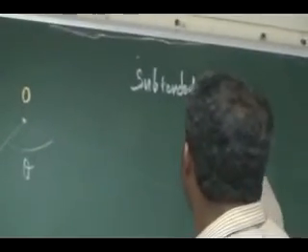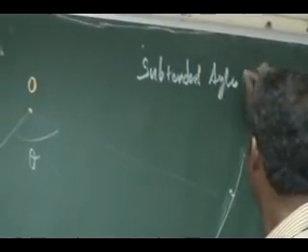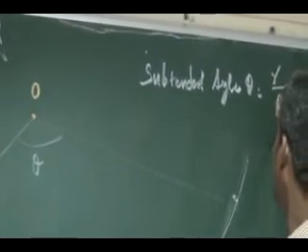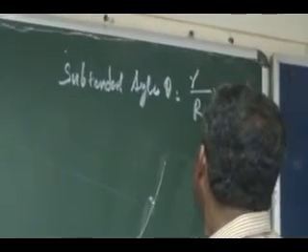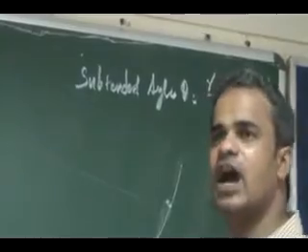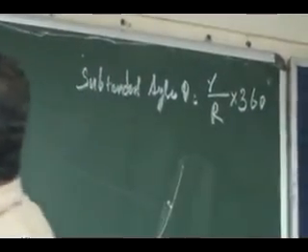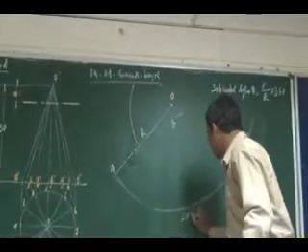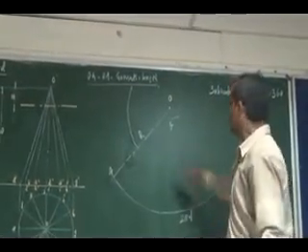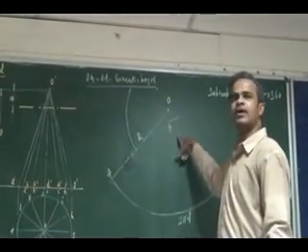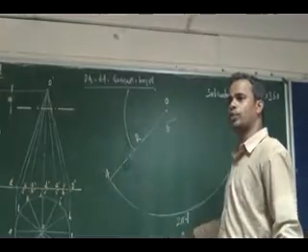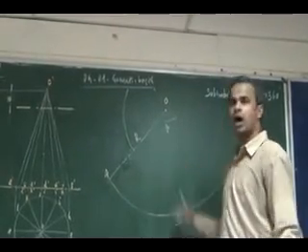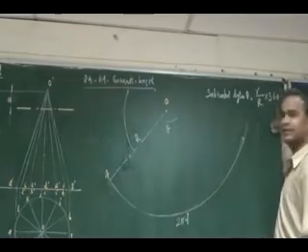Theta will be r by capital R into 360. How is it got? Suppose this is R, the larger one, and this is r, the smaller one. This R into theta will be equal to my 2 pi r. So I will get theta as r by capital R into 360.